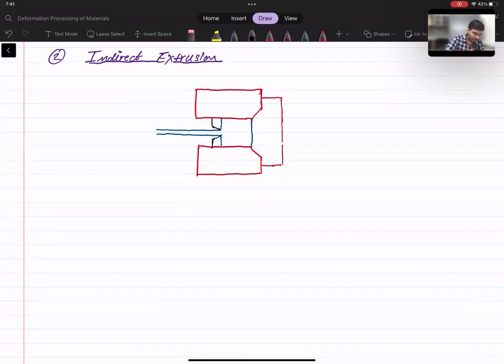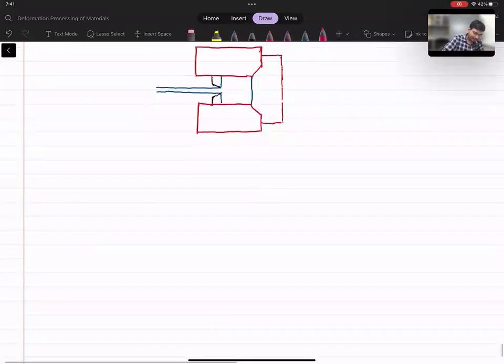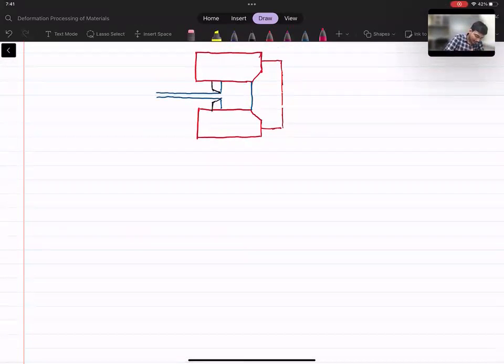So rams will be connected to this in this manner. So these will be the rams.